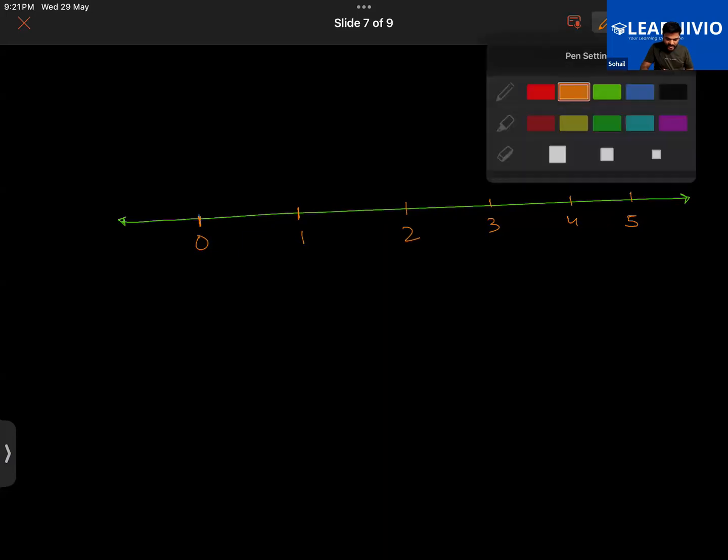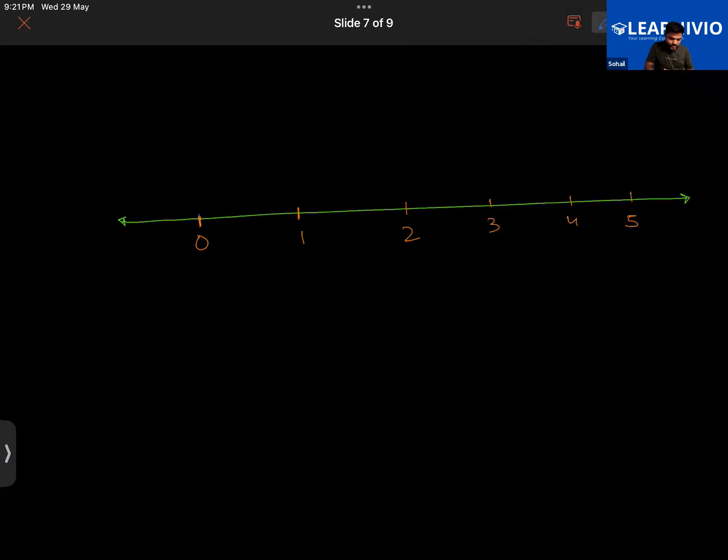I asked you to show where 1 upon 2, which is a fraction, will lie. Where will it be lying? 1 upon 2 is going to lie between 0 and 1.